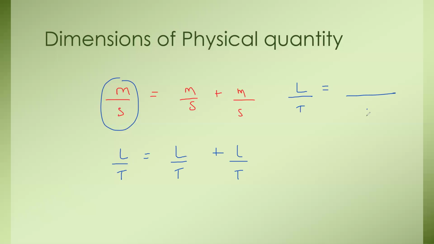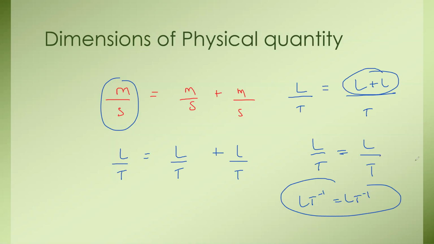If we take t as an LCM, it will be L plus L. We don't write L plus L as 2L; we write it as L. And LT minus 1 on the left-hand side is the same as LT minus 1 on the right-hand side, so this equation is dimensionally correct.